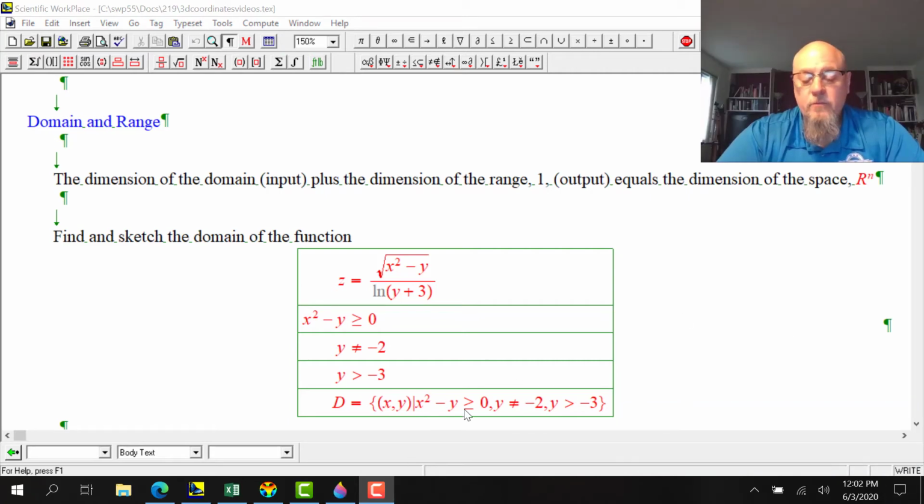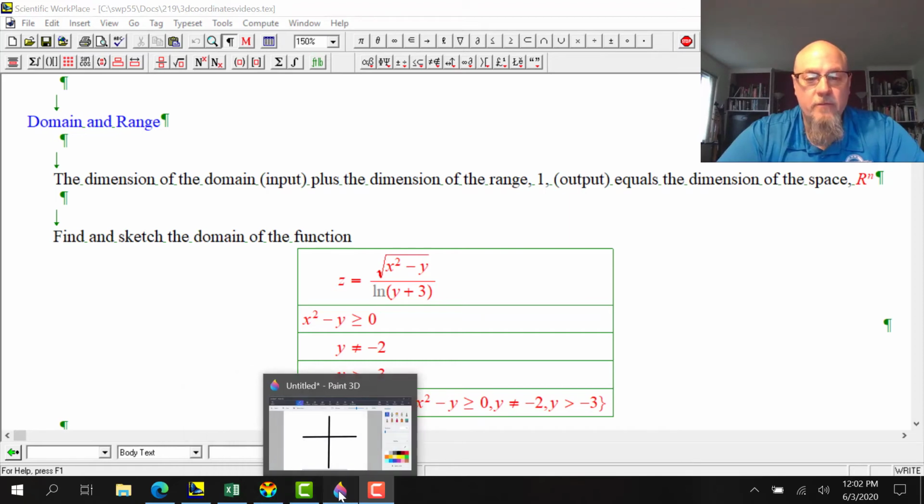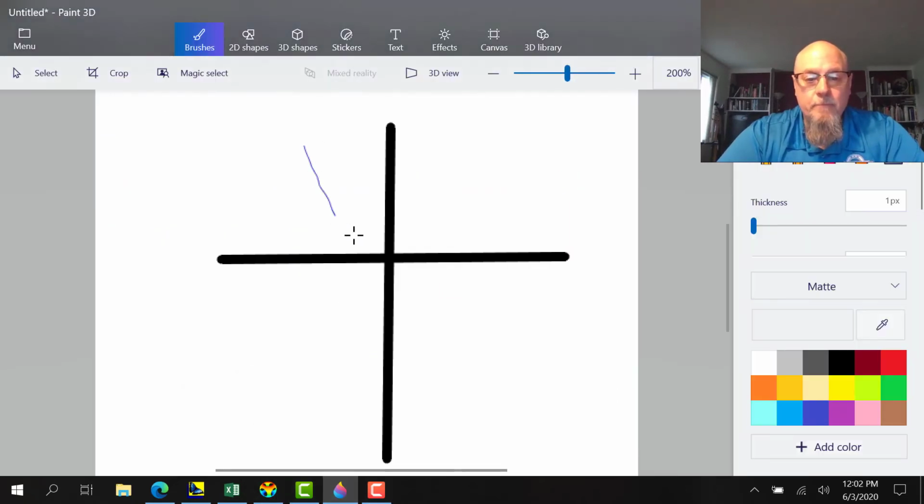Okay, so x squared minus y has to be greater than or equal to 0. Where is it equal to 0? Well, on the parabola y is equal to x squared. So let's draw that. That's a terrible drawing, but anyway, that's y is equal to x squared. On that graph is okay, because I can take the square root of 0.